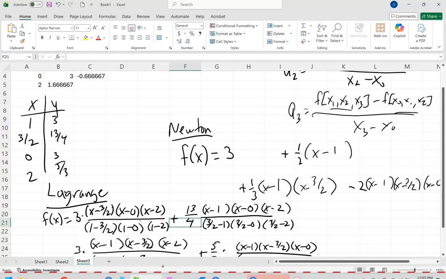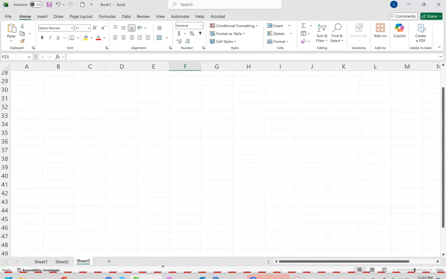All right, let's do another one with some more points here and see if we can get it set up correctly. Let's do something slightly bigger.